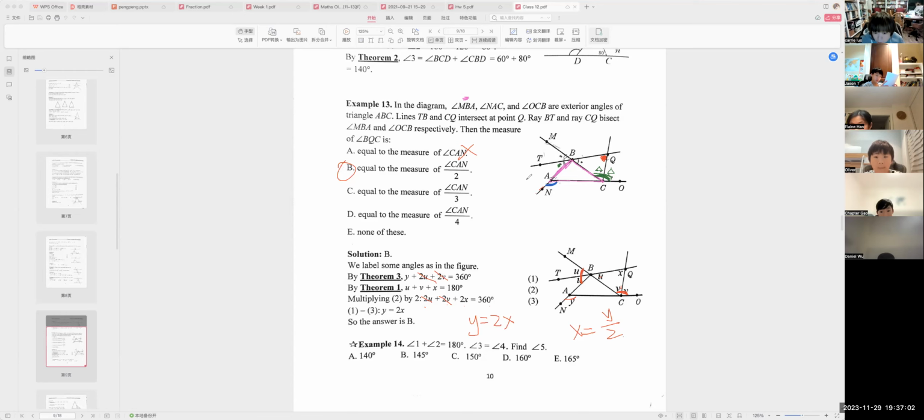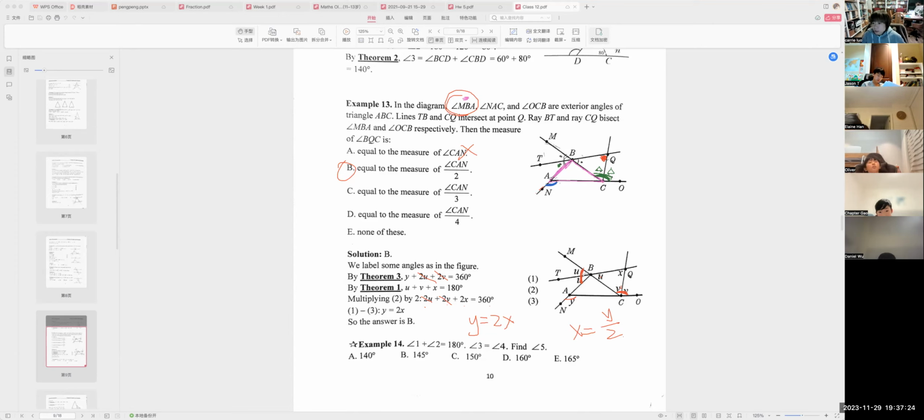好，有些小朋友说，老师，为什么题目已经给了我们 MBA 啊、NAC 啊、OCB 啊，why do you replace them with U, V, and Y? The thing is, it is very hard for you to identify which angle is which if you have MBA, something like that, because it's not straightforward. Understand, Oliver?